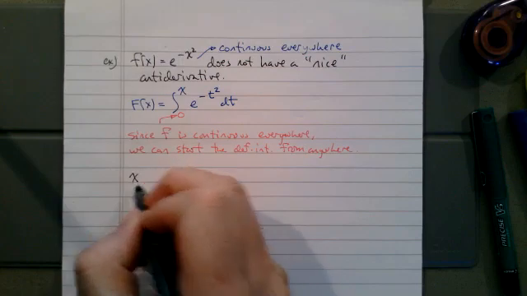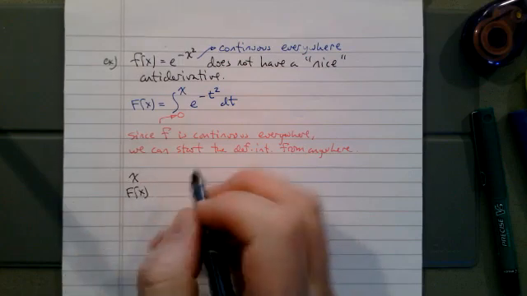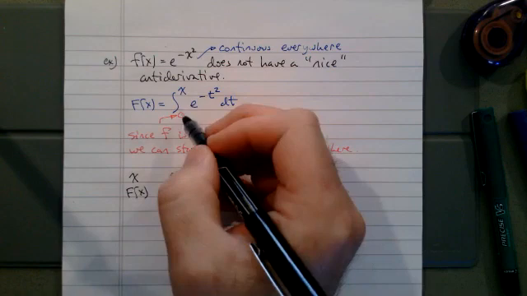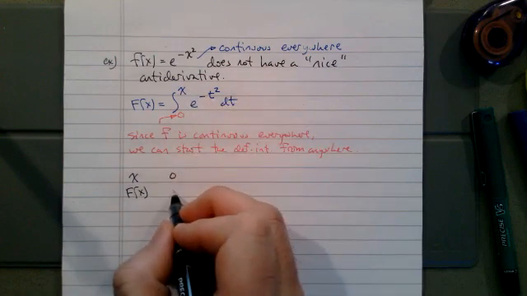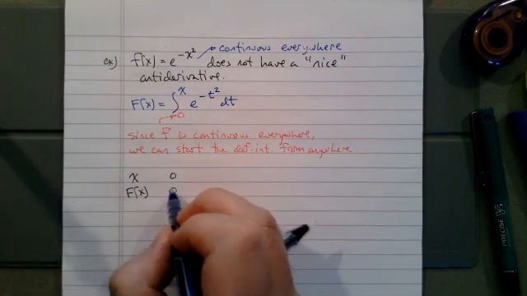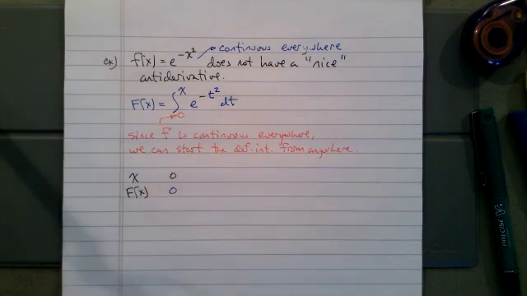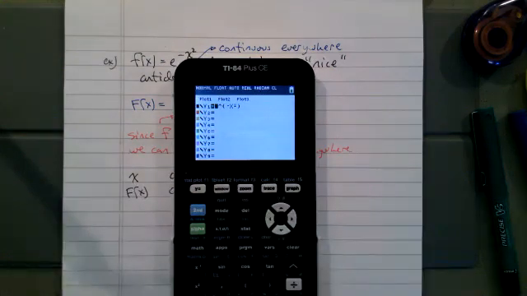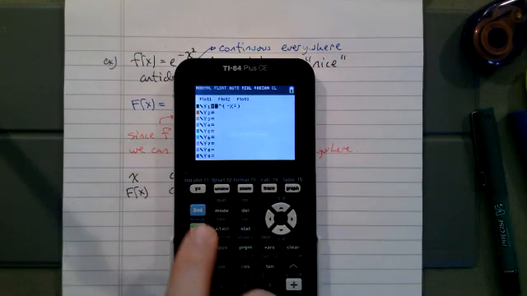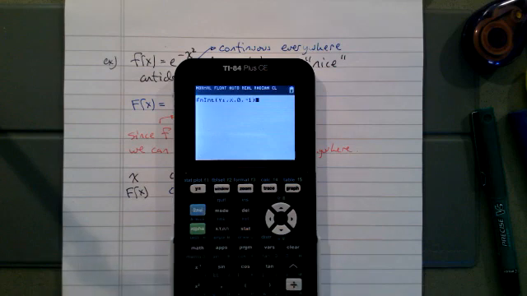So if I make a table of values for x and F of x, when x is 0, we integrate from 0 to 0 of e to the minus t squared dt, and we get 0. Then to evaluate the function at other points, we just integrate the function from 0, let's say from 0 to 0.1.